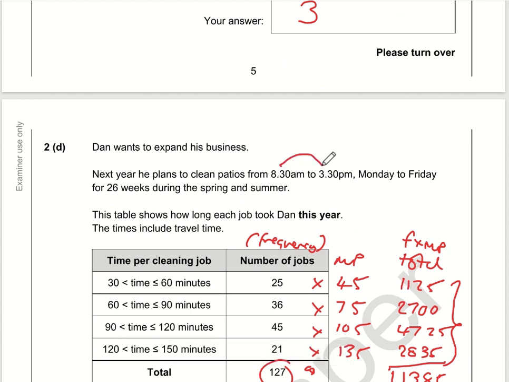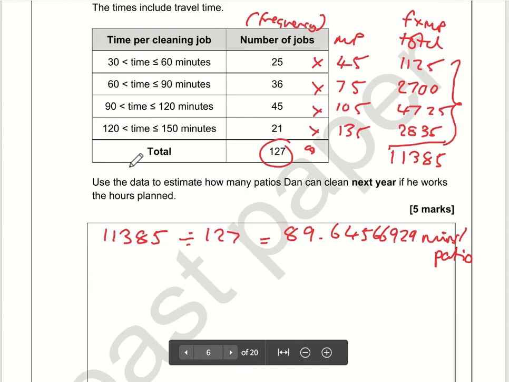So how many hours is he planning to work next year? Well, 8:30 to 3:30: 8:30, 9:30, 10:30, 11:30, 12:30, 1:30, 2:30, 3:30. That is 7 hours. So it's 7 hours for 5 days times 26 weeks. So what is the total number of hours?